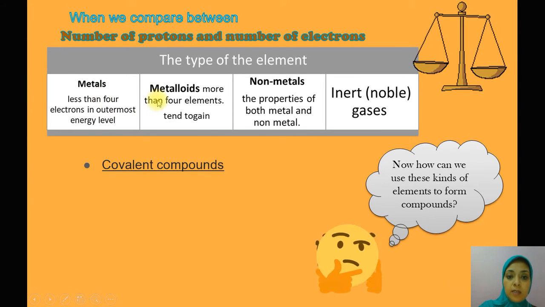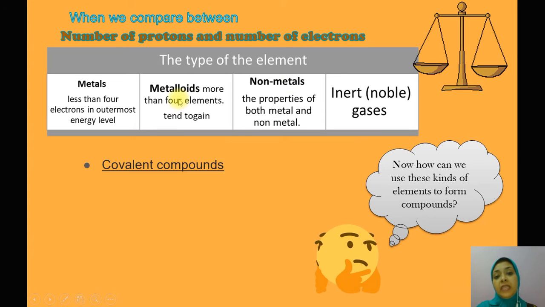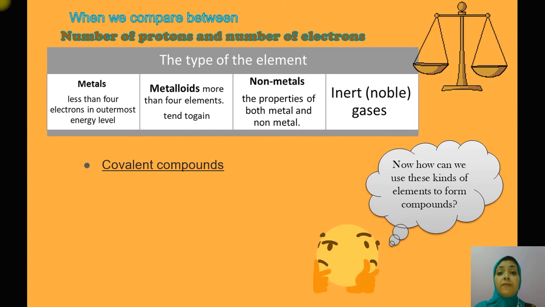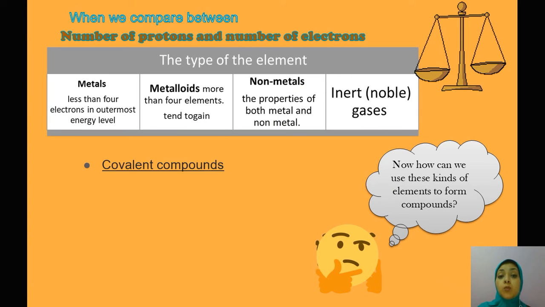We have metals and non-metals, and we have metalloids, which are between the metal and non-metal properties. And we have the noble gas. It's the star of the element kinds. Every atom or element reaches to be like it.